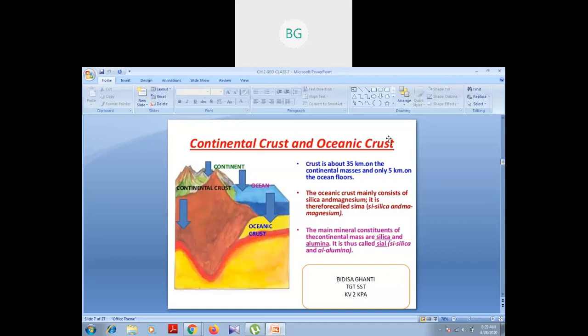The continental crust is about 35 kilometers thick on the continental masses. So the thickness of the crust is higher in the continental masses, and lower on the ocean floor. It's only 5 kilometers there, and in the continent it's 35 kilometers.